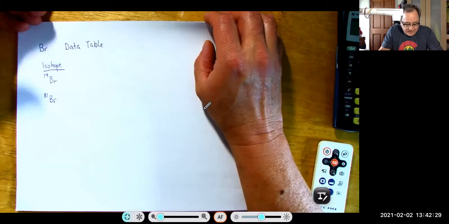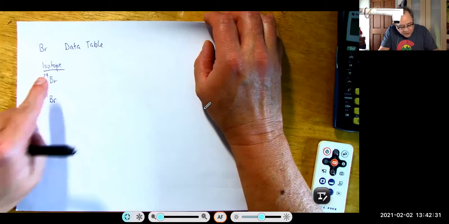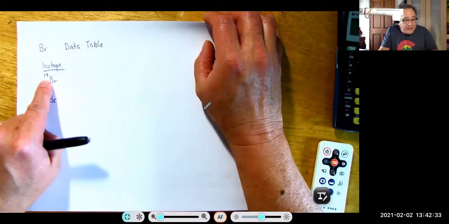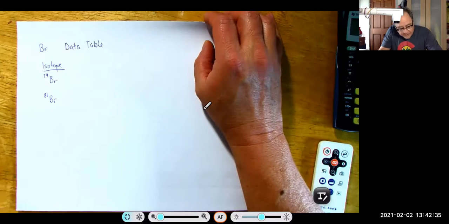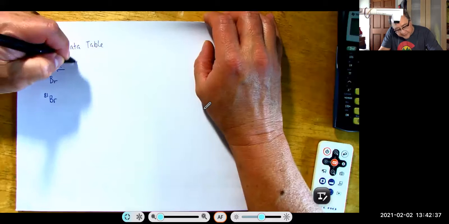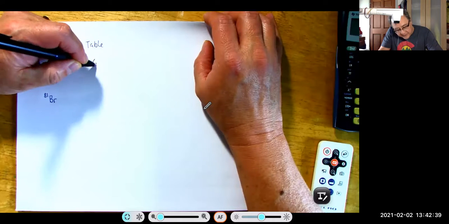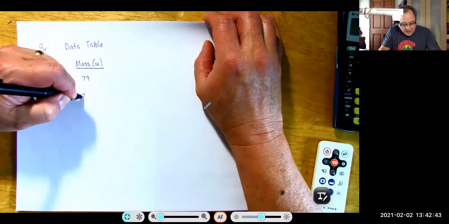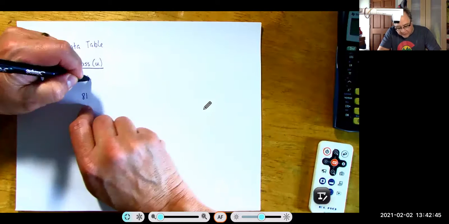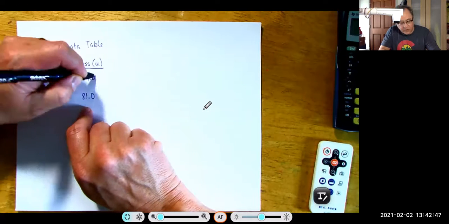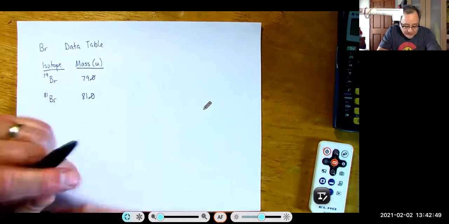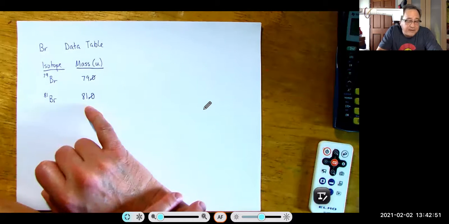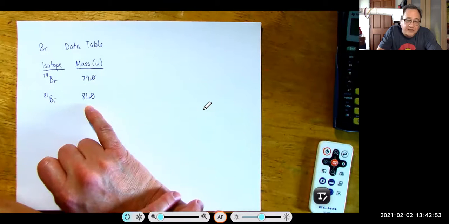And so here's the data table. The isotope is bromine 79 and bromine 81. The mass in atomic mass units is 79 and 81. Actually, we're going to write 79 and 81 because I believe in the lab instructions, I say, write down the mass, but round to the ones.